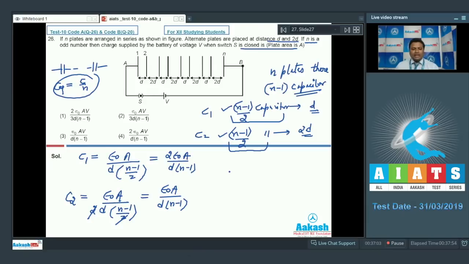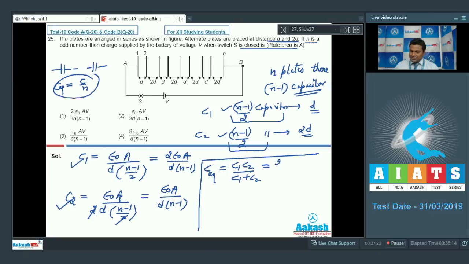Now all the combinations are reduced to only 2 capacitors, C1 and C2, which are in series. So finally, C equivalent can be written as C1 C2 upon C1 plus C2, as they are in series.